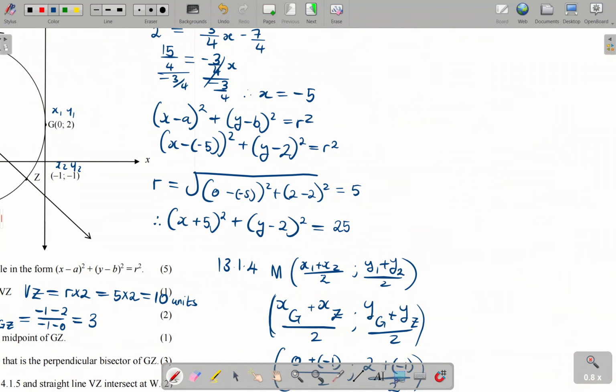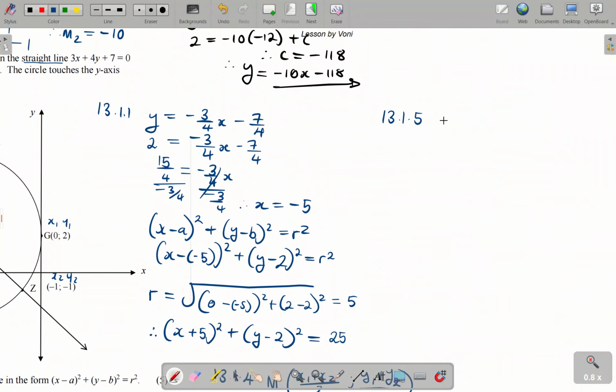So now you have m1 multiplied by m2 equals negative 1. Your m1 is 3, and m2, the perpendicular bisector's gradient, is negative 1 over 3. So we have y equals negative 1 over 3 x.